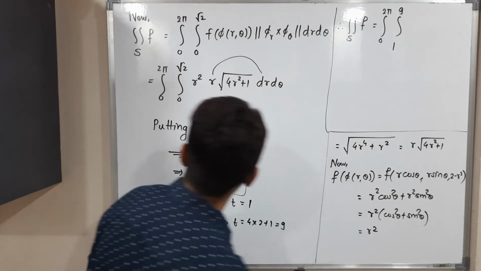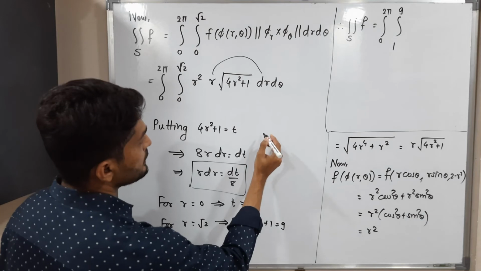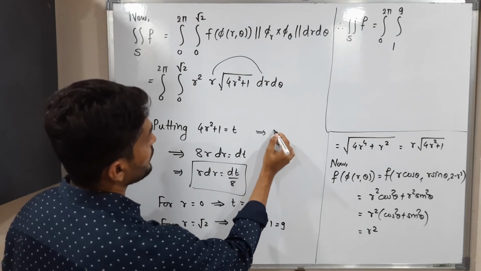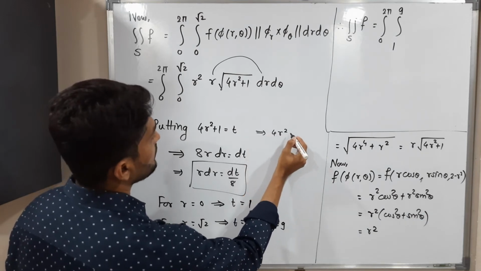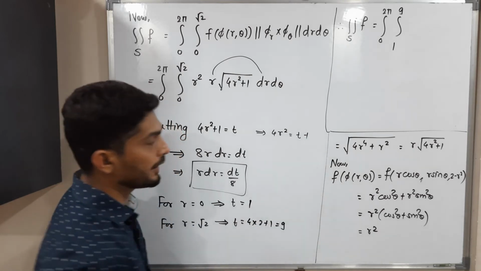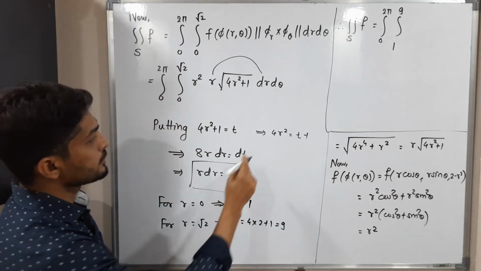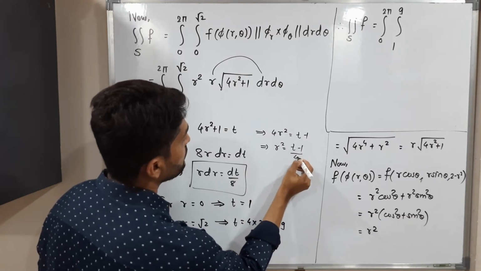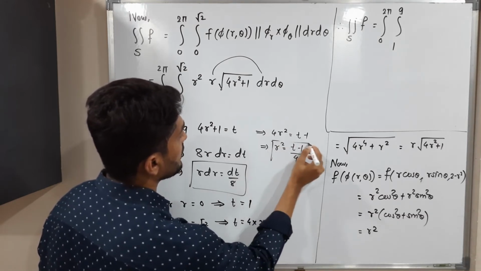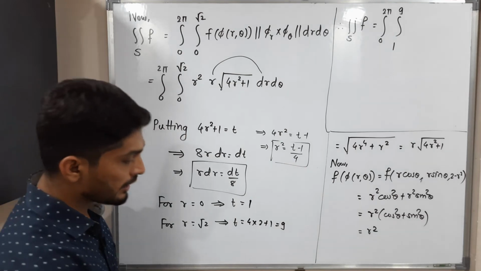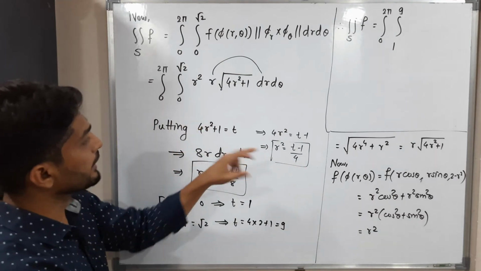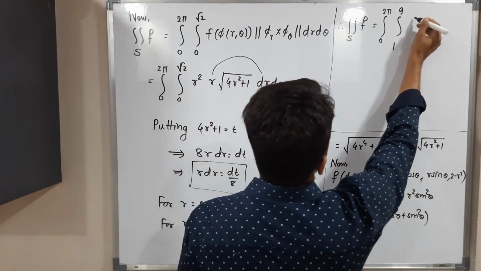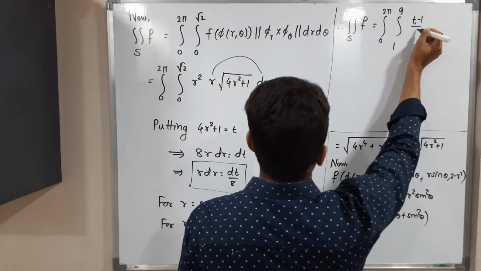Here we have some space, so I'm going to find the value of r square. 4r square is equal to t minus 1. Agree? Yes, so r square is equal to t minus 1 by 4. So this is the value of r square, and in place of r square, we can put this value, t minus 1 by 4.